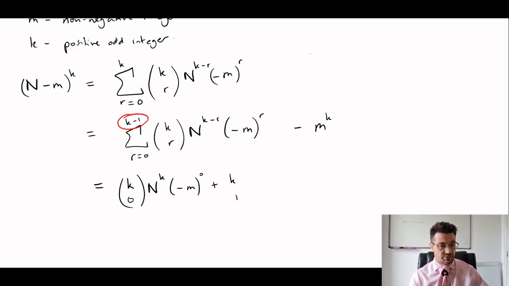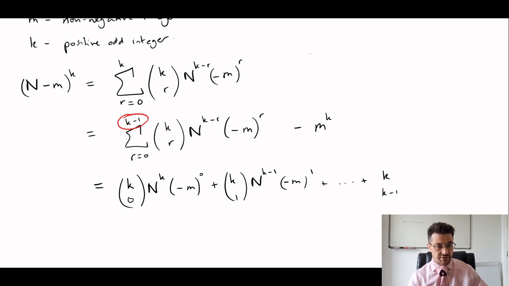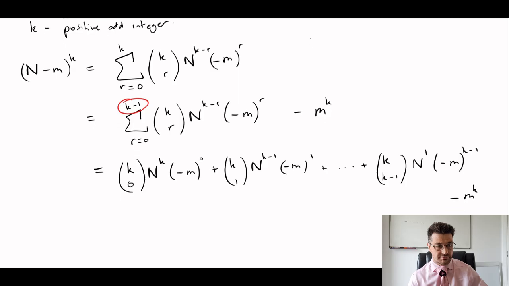Plus k choose 1, n^(k−1), (−m)^1. And I'm writing this out really just so you can see more clearly what I'm doing. And we end up with k choose k minus 1, n^1, (−m)^(k−1), and then the −m^k tagged on the end.